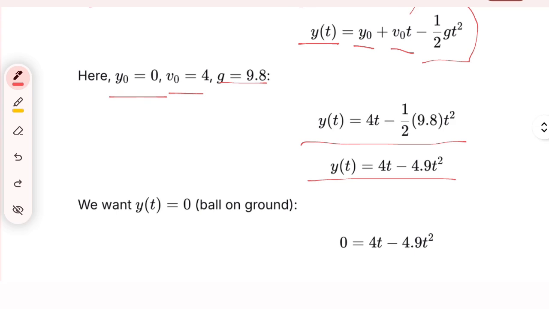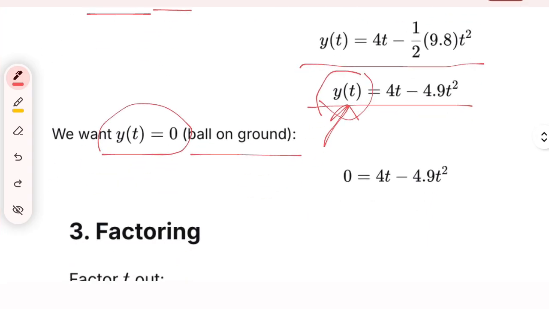However, remember, we wanted to know the total time traveled by the ball. So what would be the total distance? We want the distance to be 0 because the ball will be back to the ground. So we want y(t) to be 0, and we will equate it to 0.